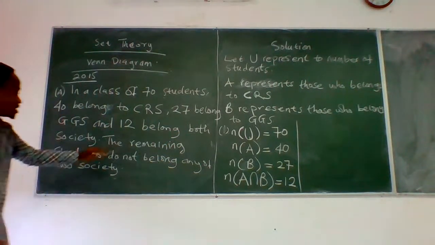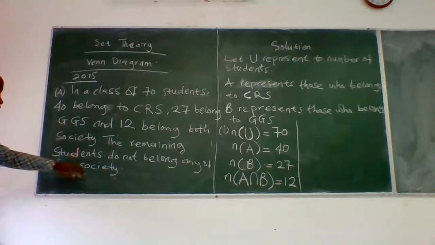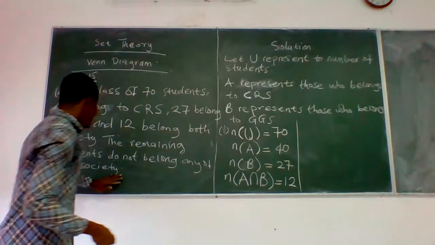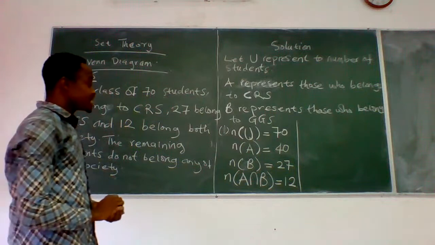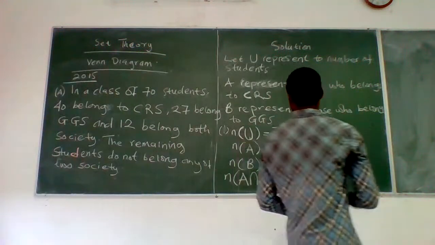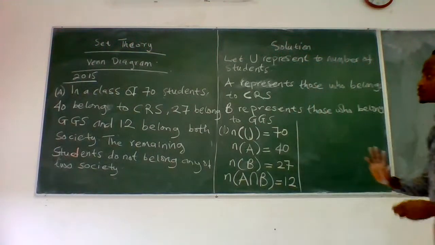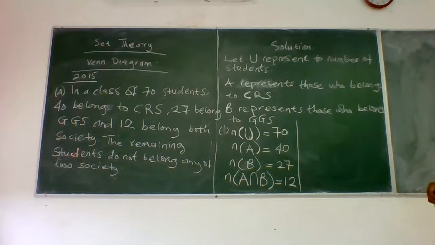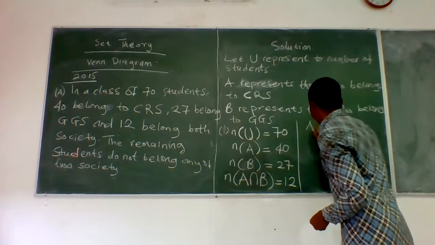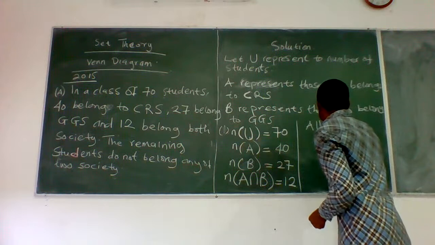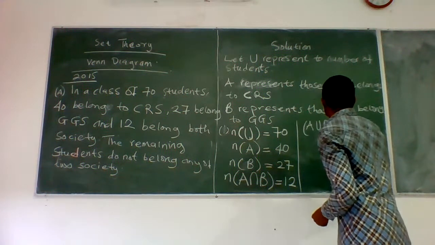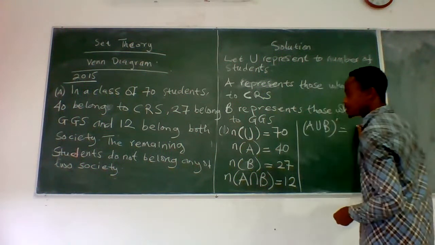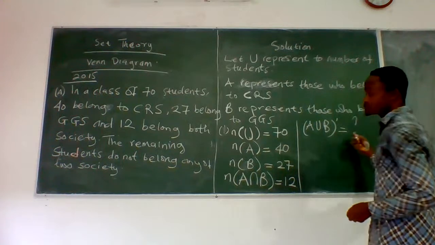And then you have the remaining students who do not belong to any of the societies. That means they are part of the school, part of the class, but they decided not to belong to any of the societies. This one you are here to find.